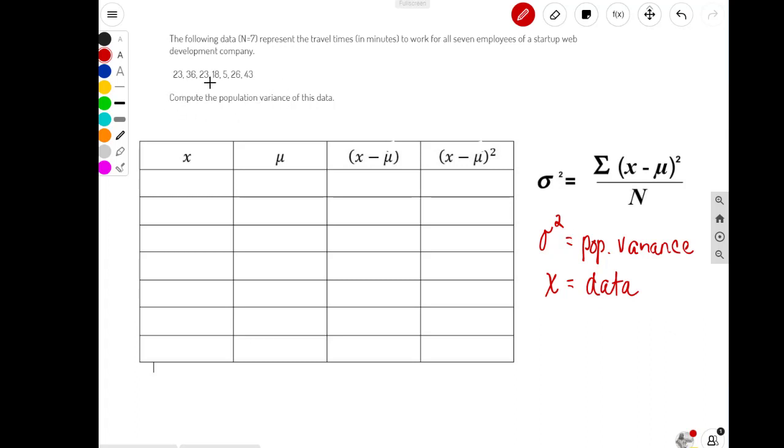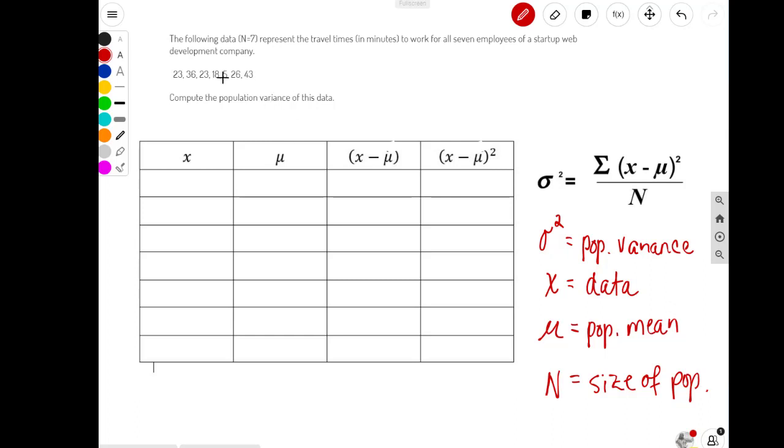These right in through here. The mu, which looks like a cursive U, is the population mean. And big N is the size of the population.